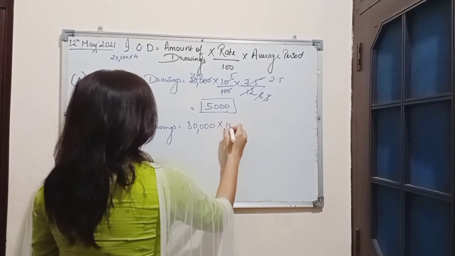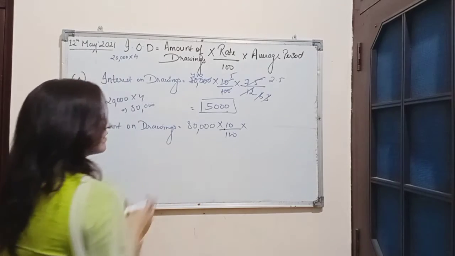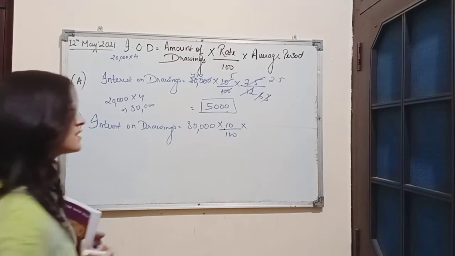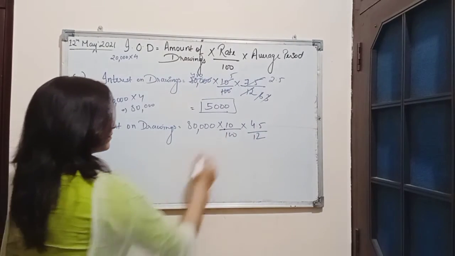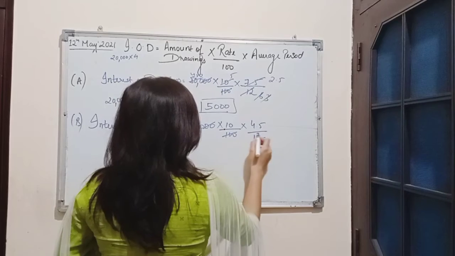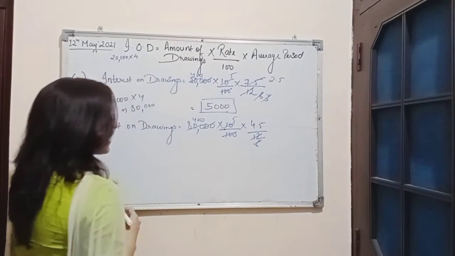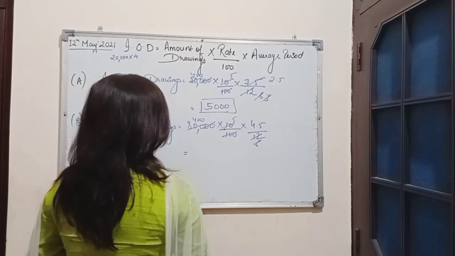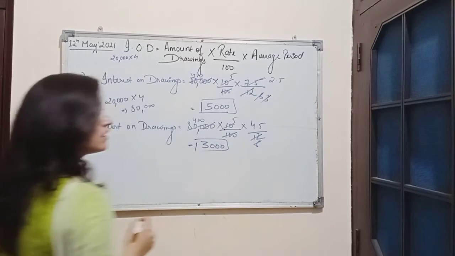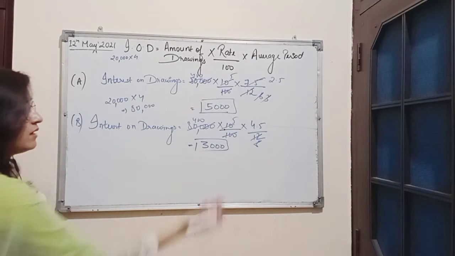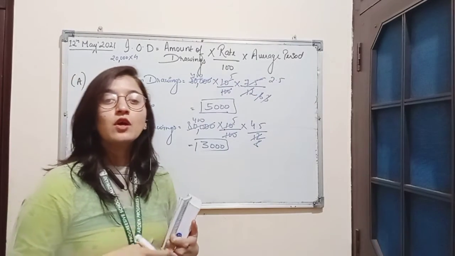Rate of interest of drawing is 10%. And we have calculated the average period in this case for 4.5 months. So by calculating this, we get the amount rupees 3,000. So 3,000 is the amount of interest paid by the partner when he is withdrawing the amount of drawings at the end of each quarter.